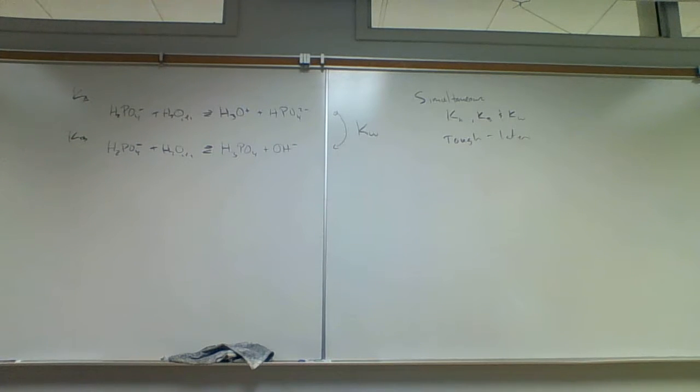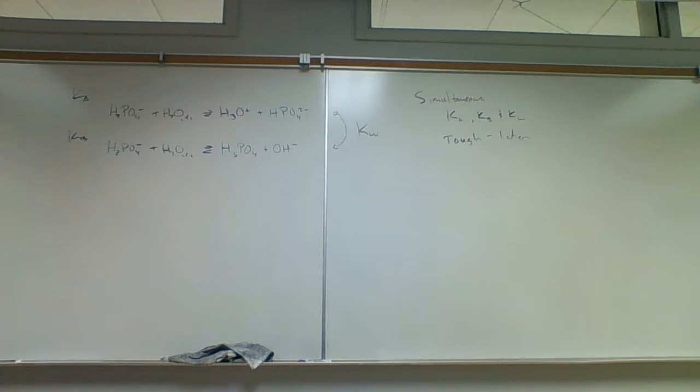So you need to recognize that if you have an amphoteric salt, amphoteric salts are tough because you have to do simultaneous Ka, Kb, and Kw. Something that looks so simple, sodium dihydrogen phosphate in water, isn't so simple.